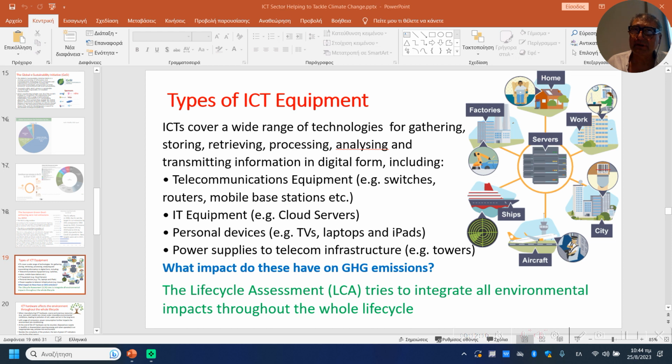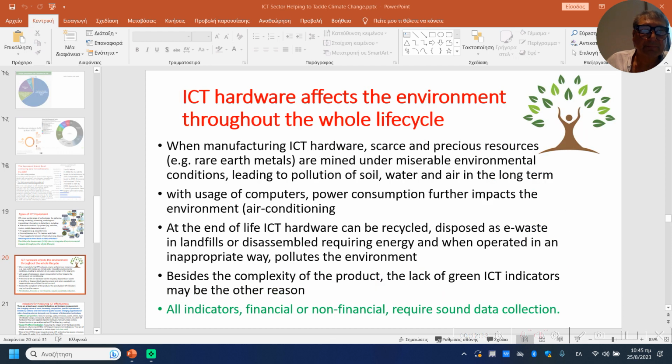All this equipment is hardware which has a life cycle, and during this life cycle it makes different types of pollution, and after the life cycle it's very important how to handle this equipment to avoid an improper impact on climate changes.